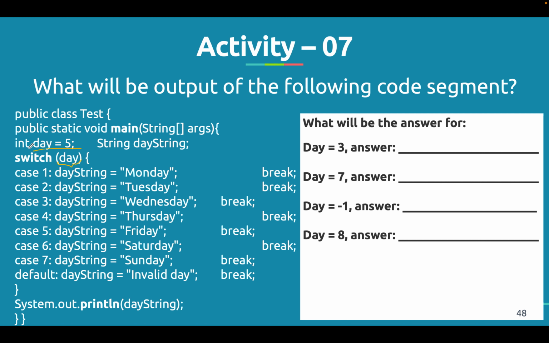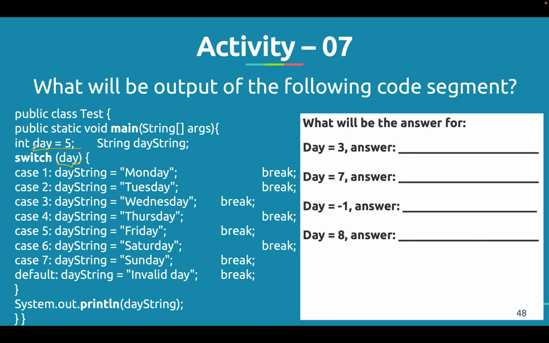So the cases should be integers. We have case 1, 2, 3, 4, up to 7, and then we have a default value if we have a day that is not from 1 to 7. And we also have a break after each case, which means that it will execute the case and then leave the switch statement.